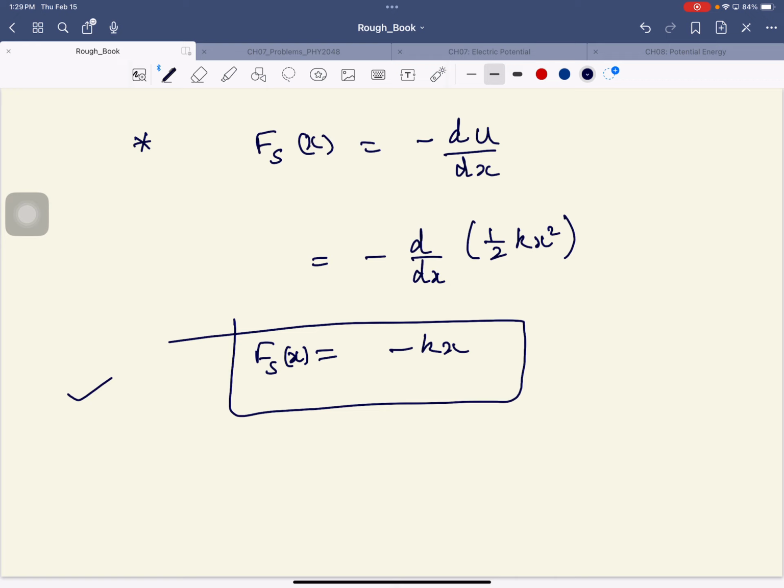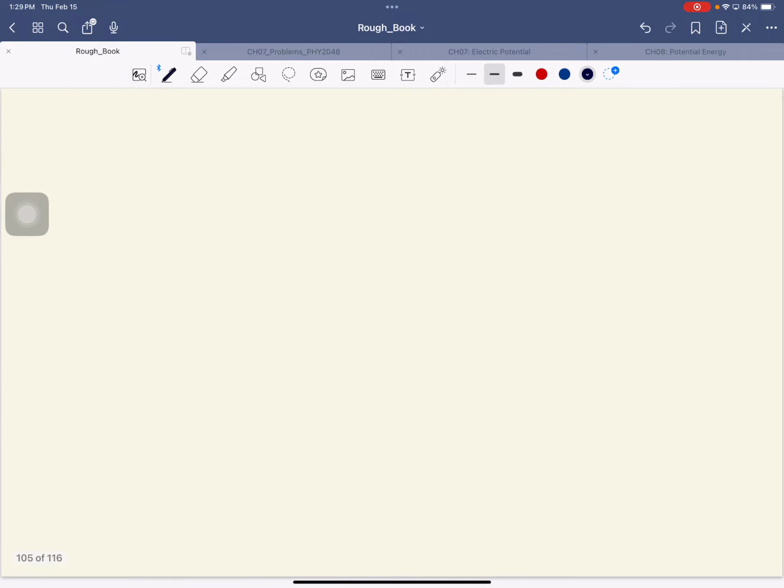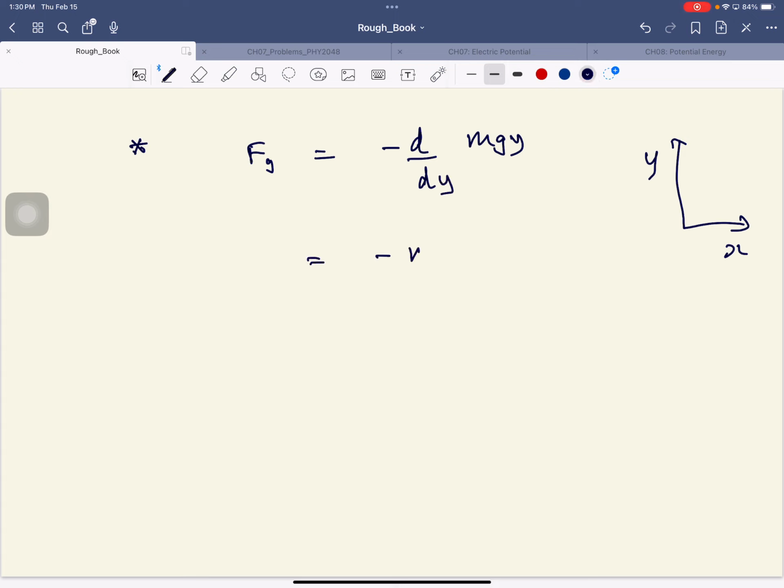Let's do that for gravity. The force of gravity is minus dU by dy, where we write it in terms of y, this coordinate. So it's minus d by dy of mgy, which gives minus mg.